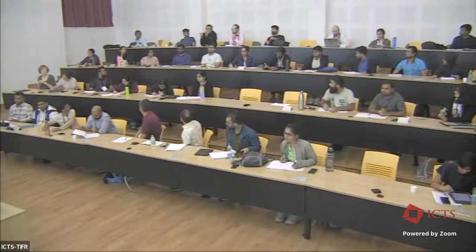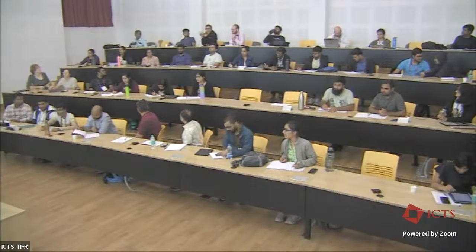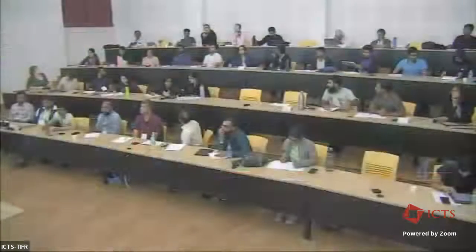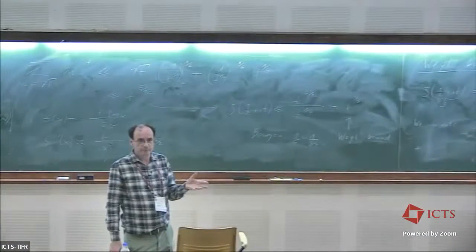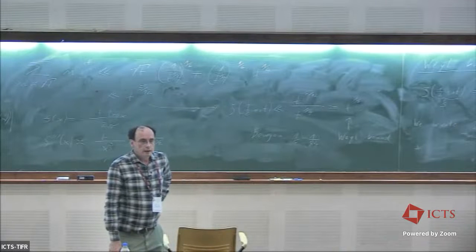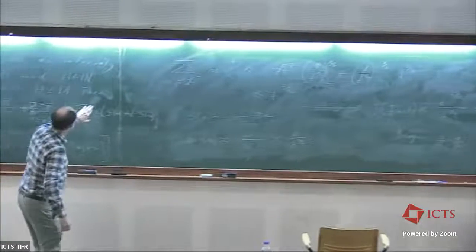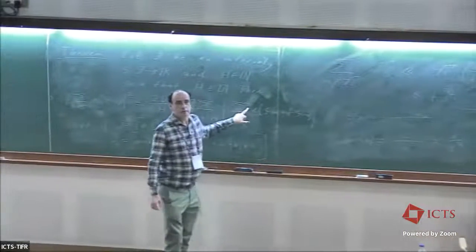Are there any questions? Yeah, so if you have smooth weights, it will not get better. Yeah, so with Weyl differencing, there will be a product of two weight functions.